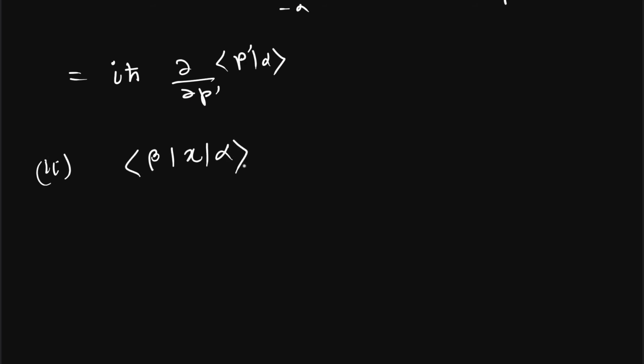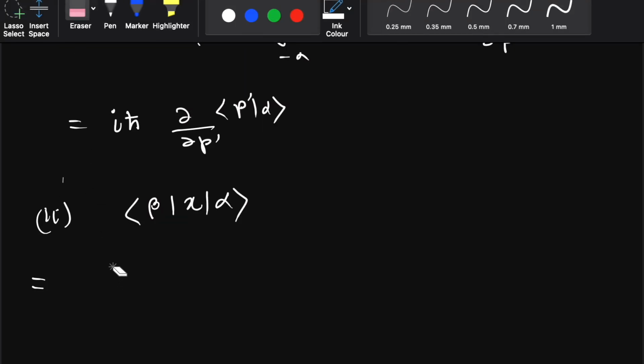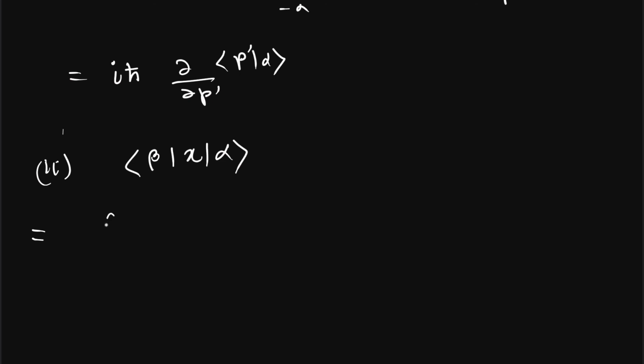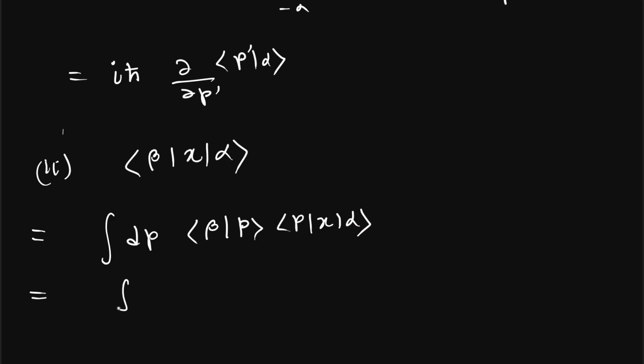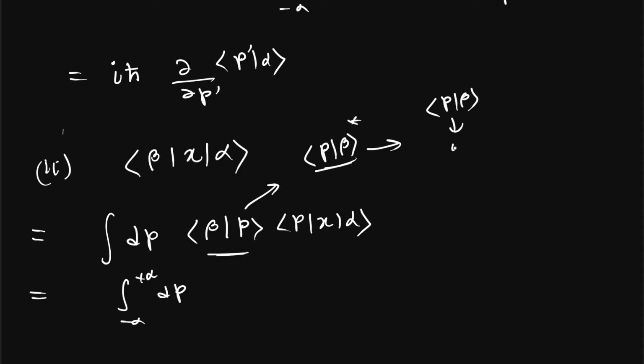That will be the integral from minus infinity to plus infinity dp of β p x α. This wave function is p β x star, and p β means the wave function represented in momentum space.